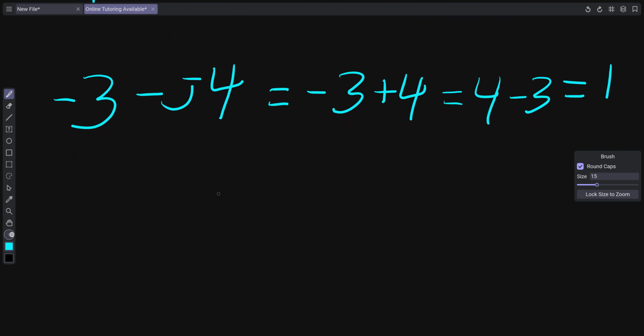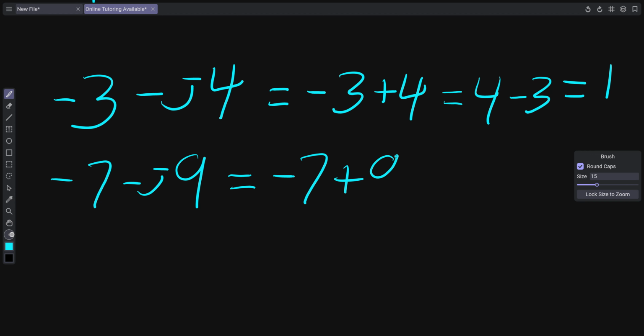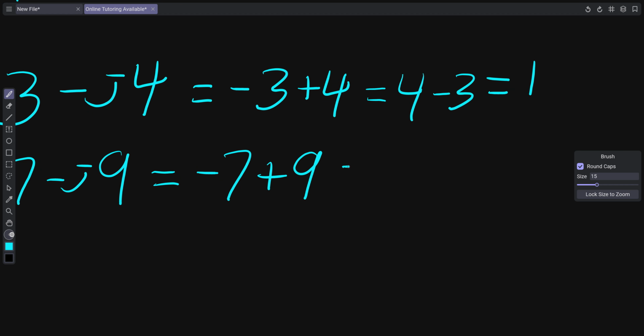And similarly, if we had negative 7 minus negative 9, these two negatives can combine. They will create negative 7 plus 9, and this can be rewritten as 9 minus 7, and this gives you 2 as your final answer.